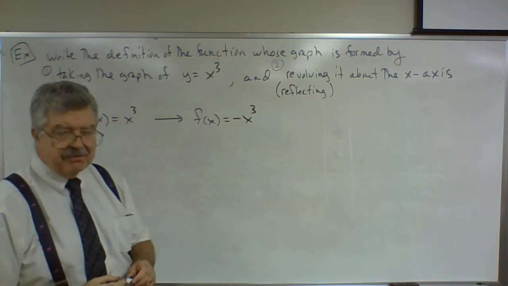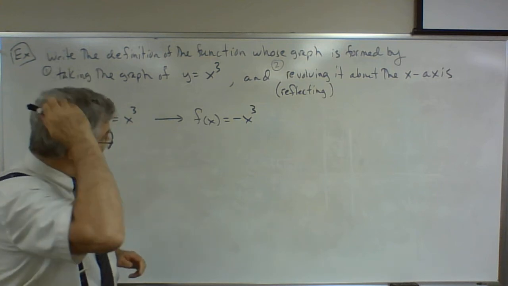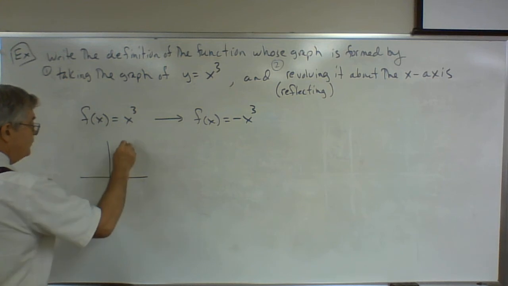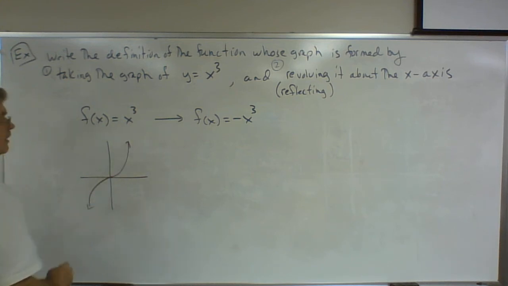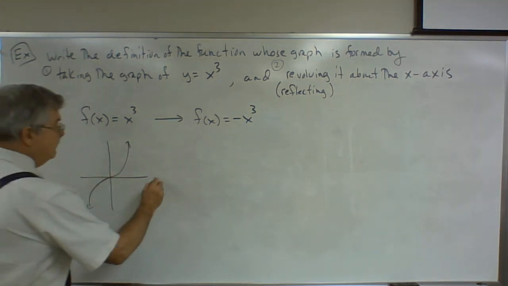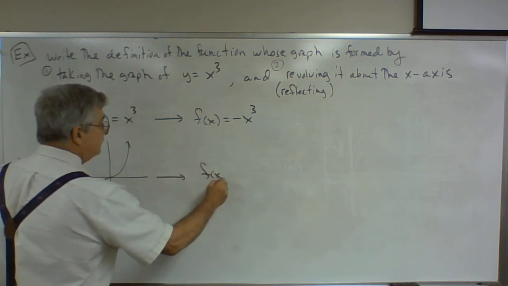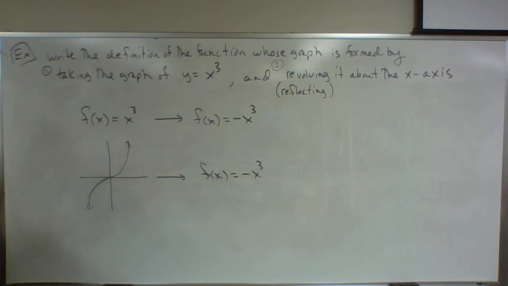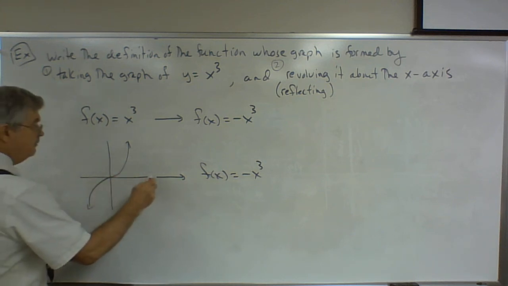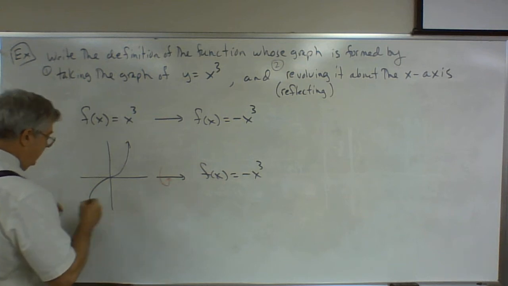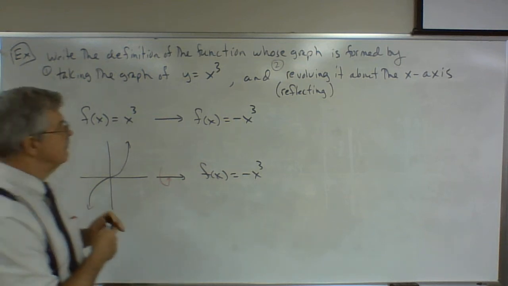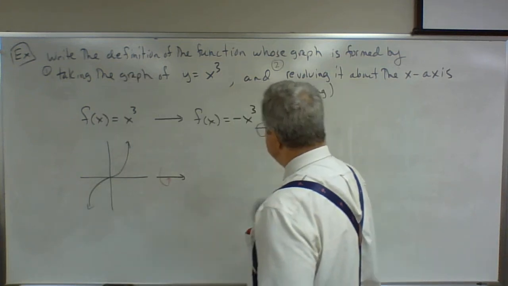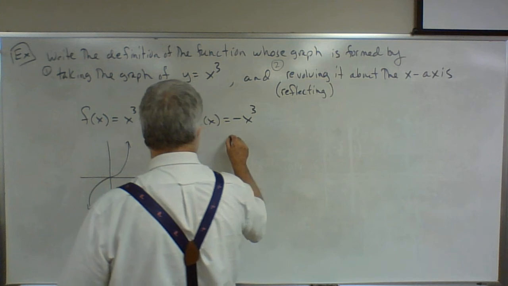That takes the original graph and flips it about the x-axis. So here's f of x equals x cubed. And to get the graph of f of x equal -x cubed, we take this graph and revolve it about the x-axis, which means this is what we're going to get.